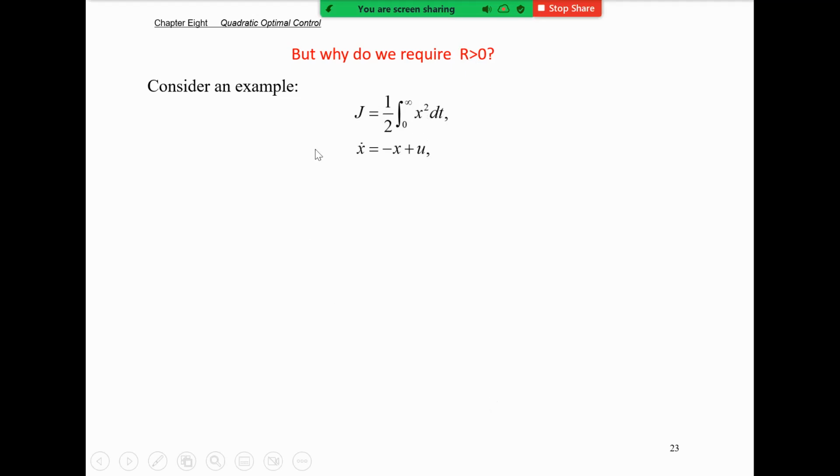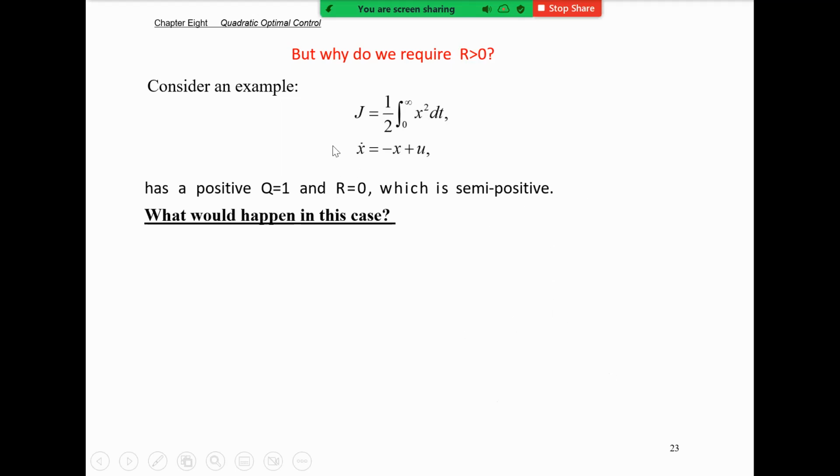Now, if you just look at this problem, R equals 0, so R is semi-positive. If you want to minimize this, what would happen in this case? If we minimize this cost and then get our controller, what would be the control gain?